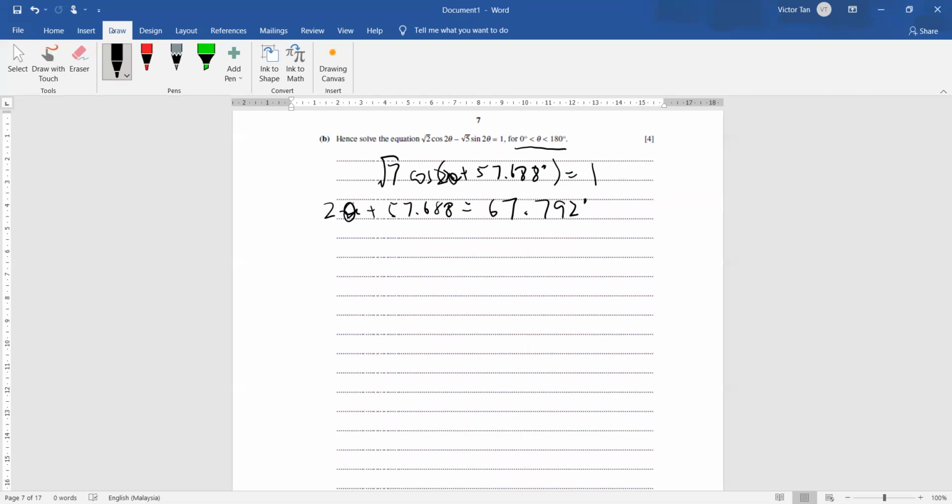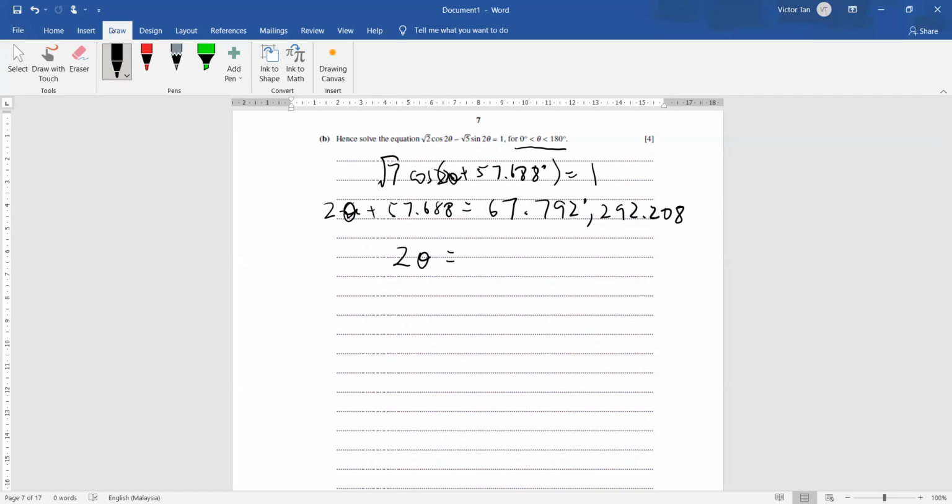So what I'm going to do next is the solution in the 4th quadrant, 292.208. 2 theta equals 67.692, sorry. See, when you play with too many decimal places, it's a big headache.